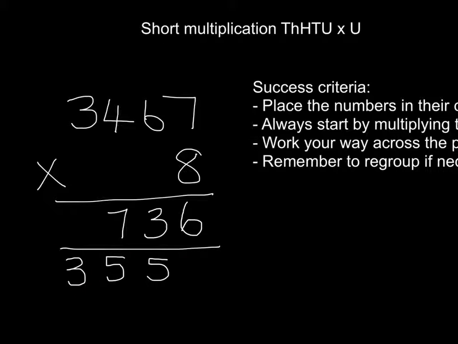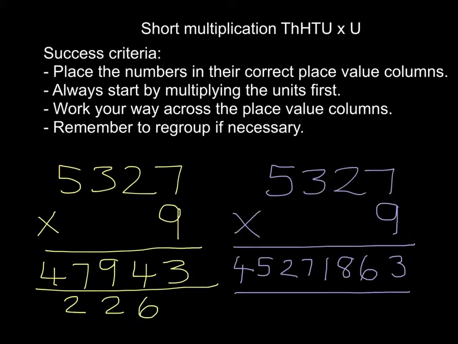Remembering to add on our 3000s from before, equaling 27,000. So 3,467 multiplied by 8 equals 27,736. Using the success criteria, which of my calculations is correct?